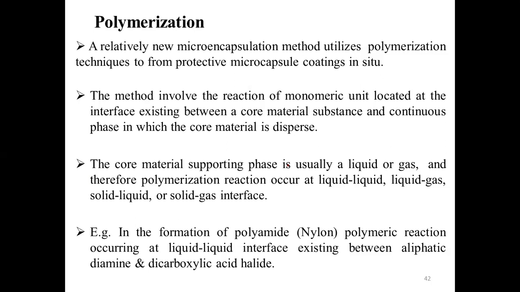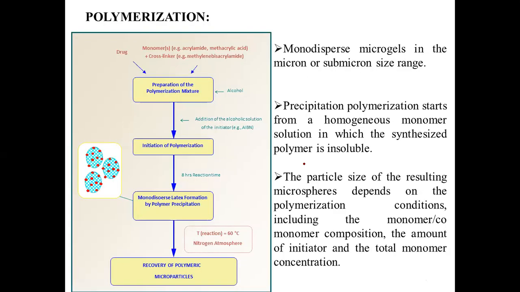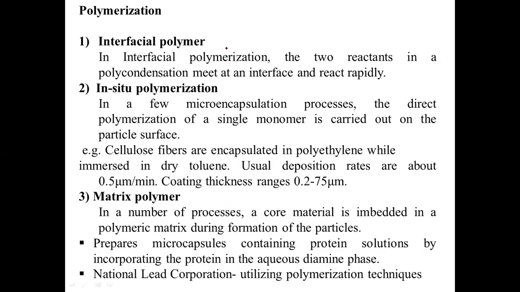There are three methods that we can use for polymerization: interfacial polymerization, in situ polymerization, and matrix polymerization. In interfacial polymerization, the two reactants in a polycondensation meet at the interface and react rapidly.